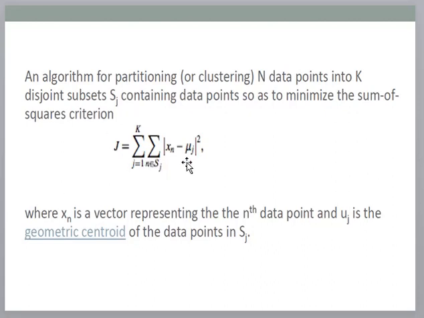Here xn is the vector representing the nth data point, and mu j is the centroid or cluster center which we calculate and update in each iteration, and this cluster center belongs to the subset Sj.